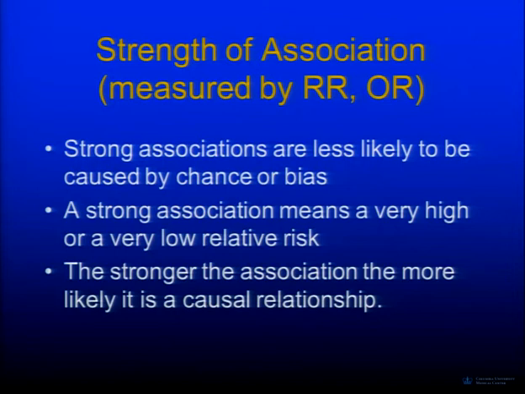So if you're looking at something like vitamin D and fracture prevention, then you would hope that it would be something about 0.3 or 0.4, like the example we had in class. And in general, the stronger the association, the more likely it is to be a causal relationship. So one of the important measures is you're looking at your papers and what was the strength of the association they presented.